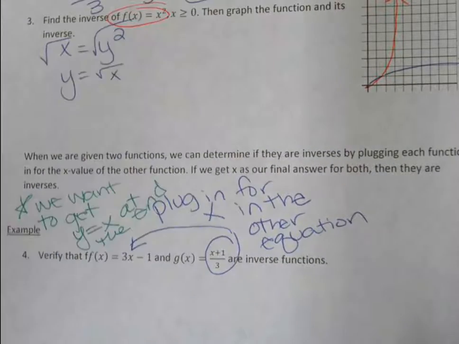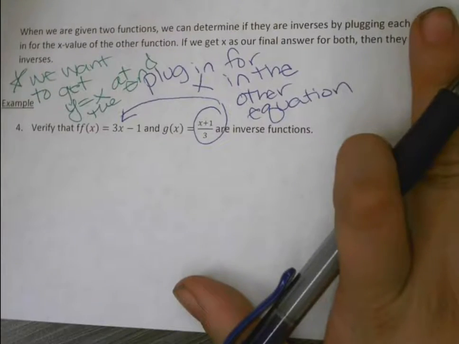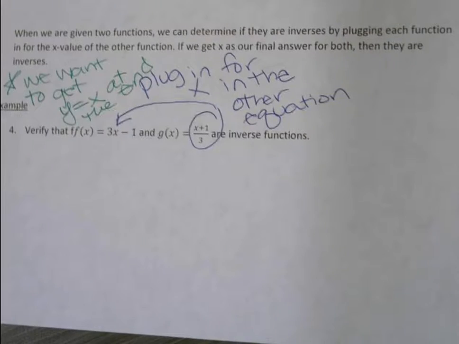So what I'm going to do is plug in this equation that I've circled for the entire part of x in the first equation. And then I want to get y equals x at the end when I simplify.